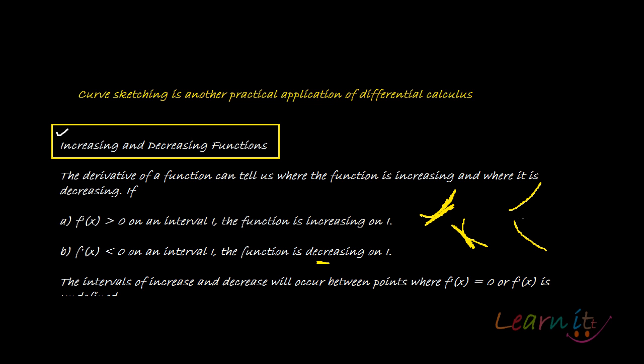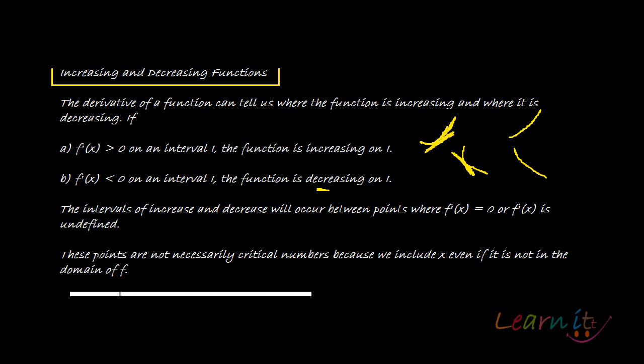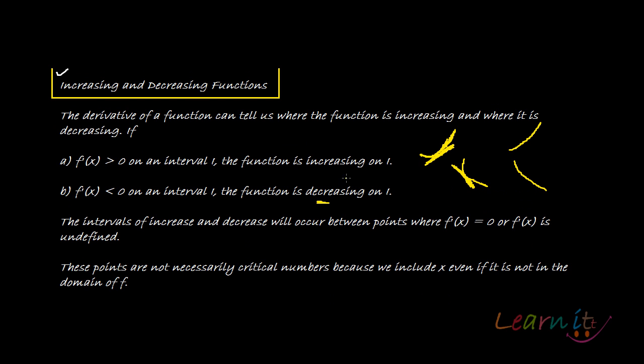Now, the intervals of increase and decrease will occur between mainly two kinds of points. Which points? Points where f dash equals 0, that is tangency points, and where f dash x is not defined, for certain reasons. These points are not necessarily critical numbers because we include x even if it is not in the domain of f.